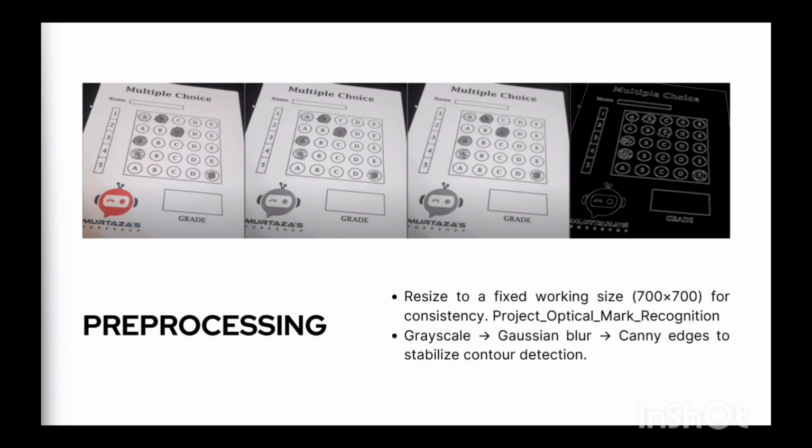This helps to smooth out noise like small printing imperfections or shadows from the scanner, so that the edges become clearer. Finally, we use the Canny edge detector. This technique emphasizes the boundaries of shapes in the image, which prepares us for the contour detection stage. The idea is to establish the outline of the exam sheet and the answer bubbles so they can be identified reliably in the next step.